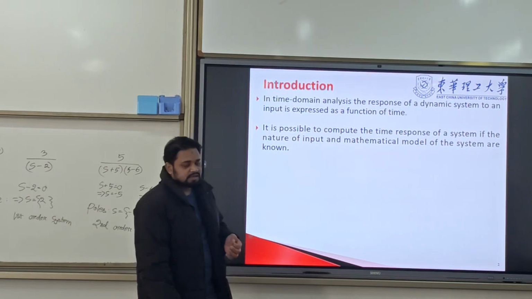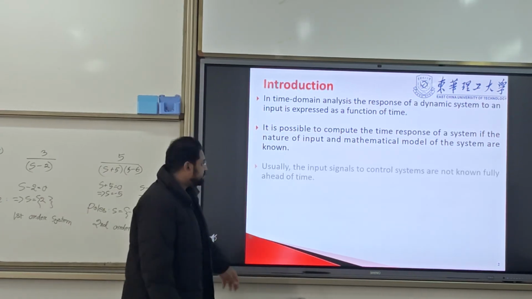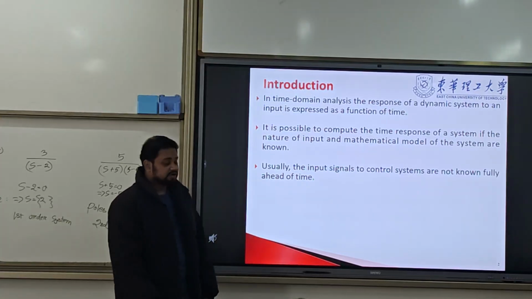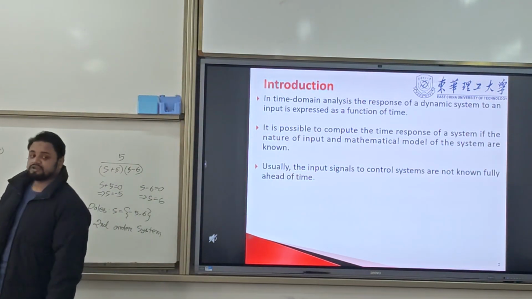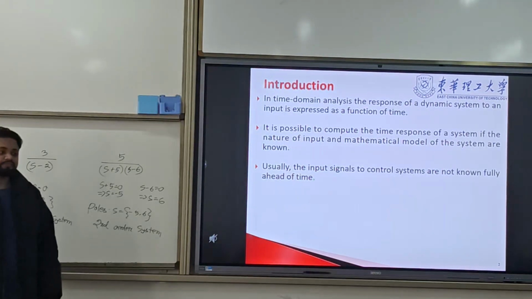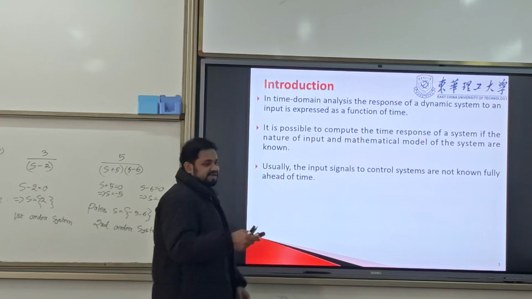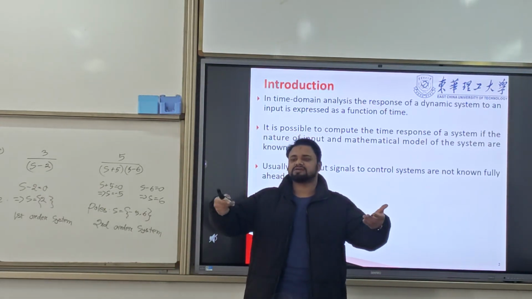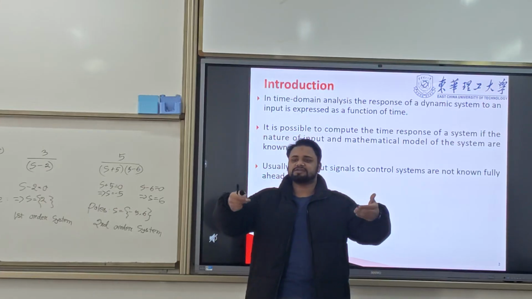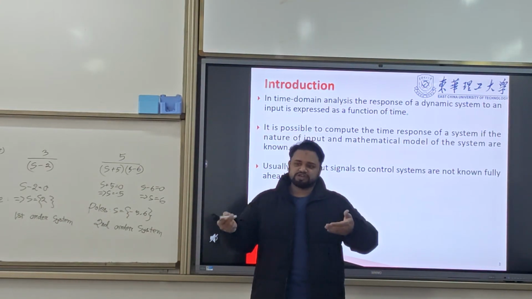But if we don't know the inputs, then what will happen? Because it is a dynamic system, the input is not fully known all the time. A dynamic system is a practical system, it is always changeable. If the system is changing, the input is changing.